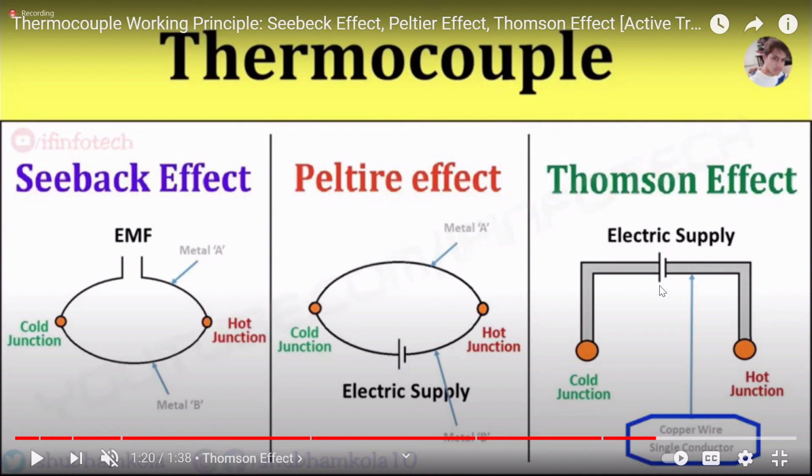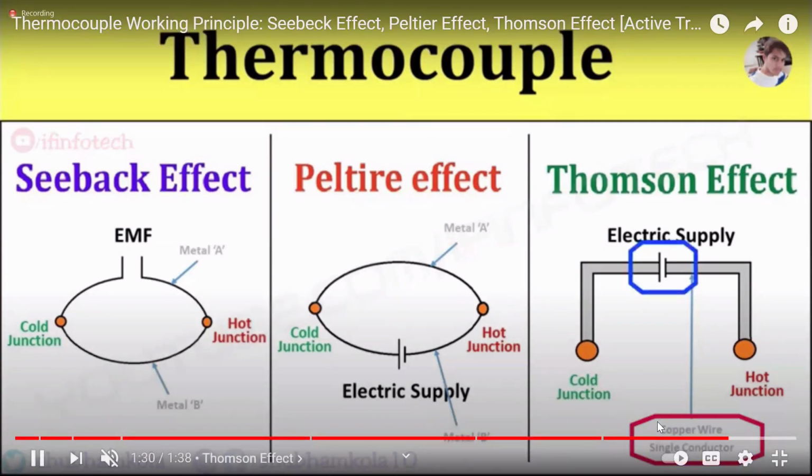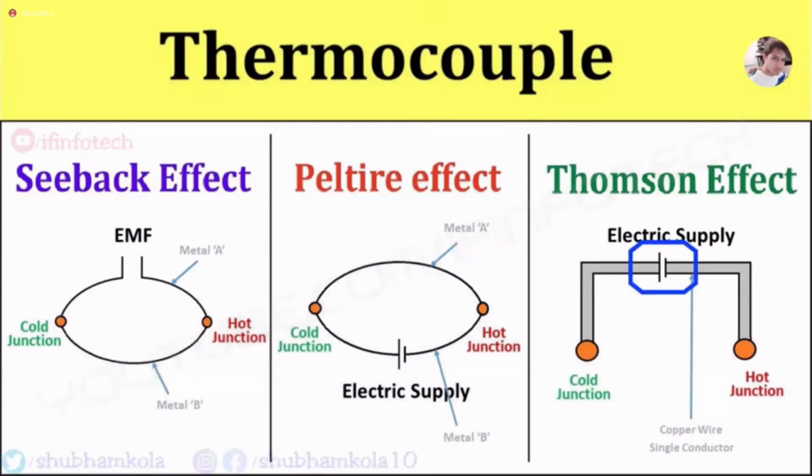And if we maintain non-homogeneous temperatures throughout the circuit, and if we allow current flow, if current is flowing reverse to the heat flow, heat energy will be liberated, and if the current flow and the heat energy flow are similar, heat energy will be absorbed. That is the Thomson effect. In this also we are using battery.